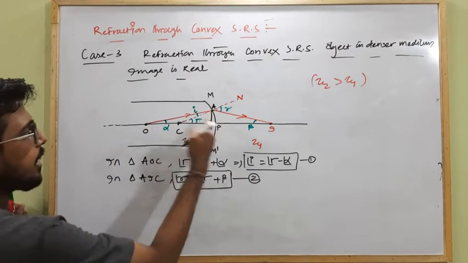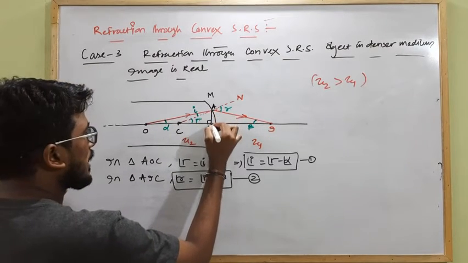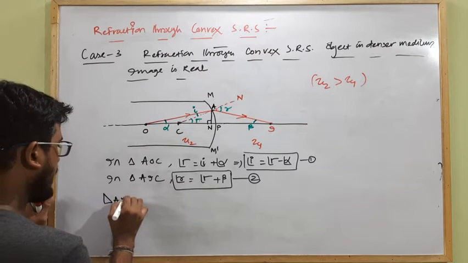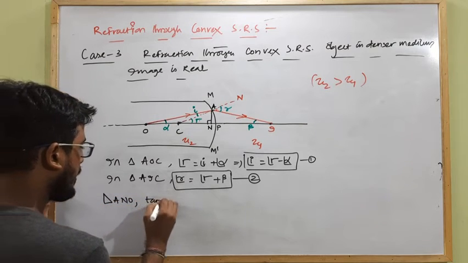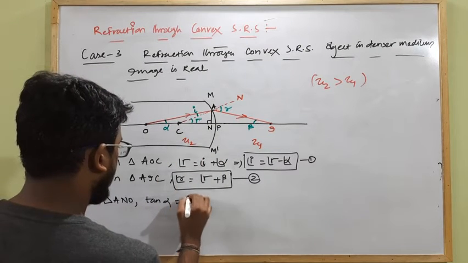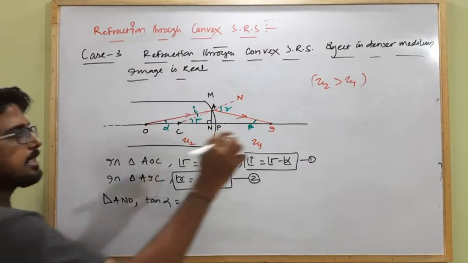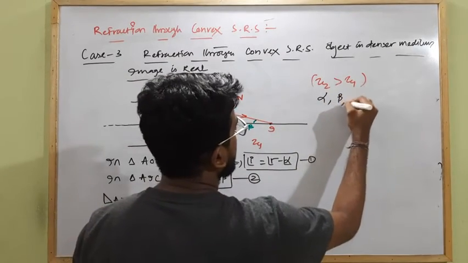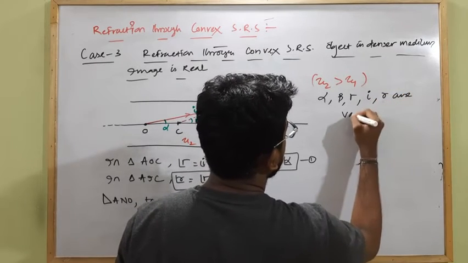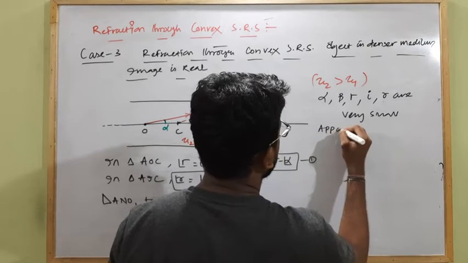Now draw a perpendicular AN on the principal axis. So in the right angle triangle ANO, we write tan alpha equal to AN by ON. And as in all these cases, alpha, beta, gamma, i, r are very small, and the aperture is also small.